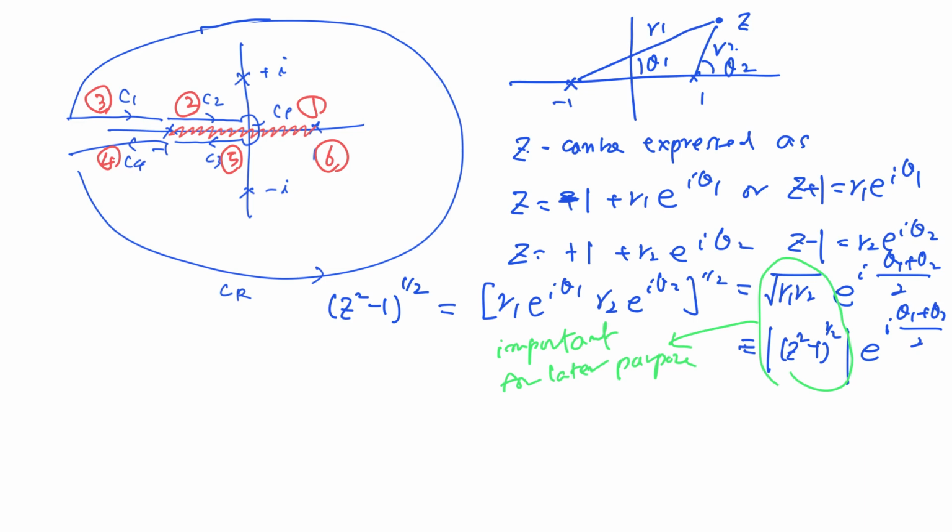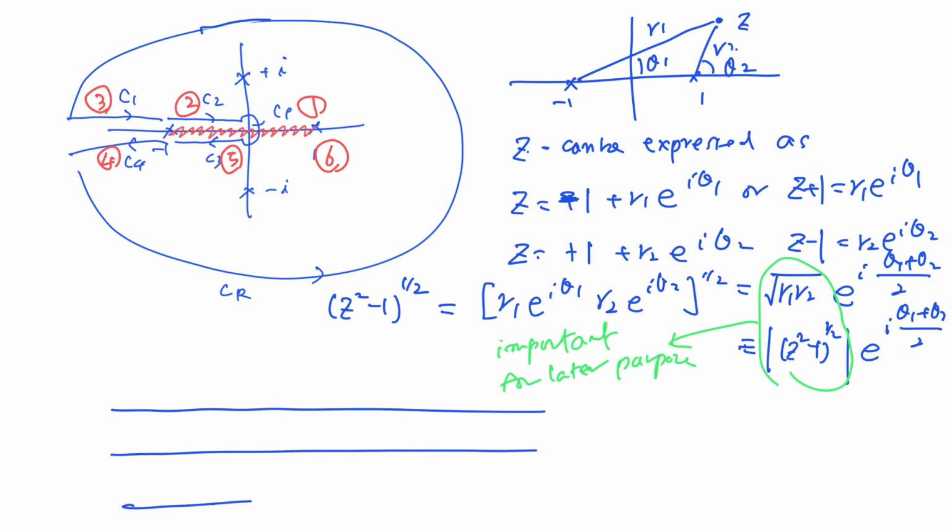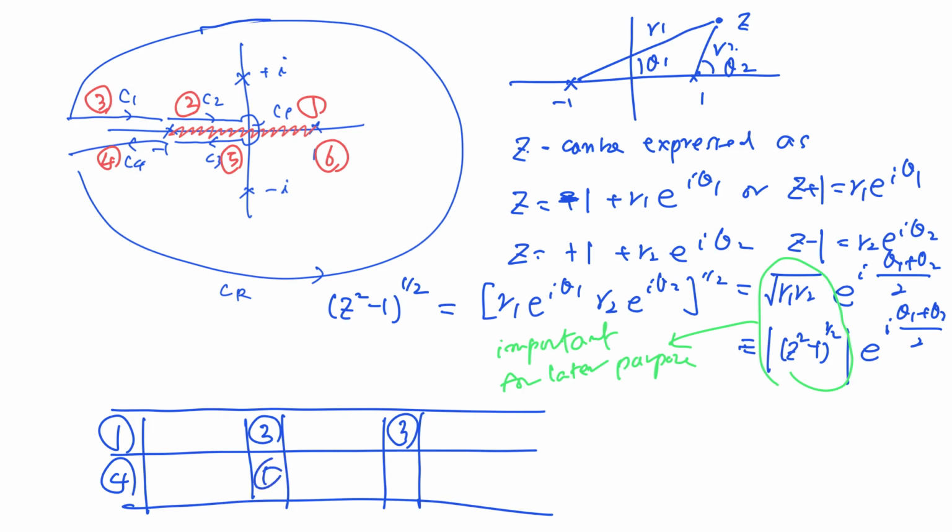So we can actually represent this as 1, 2, 3, 4, 5, 6. So this point is 1, this point is 2, 3, 4, 5, 6.